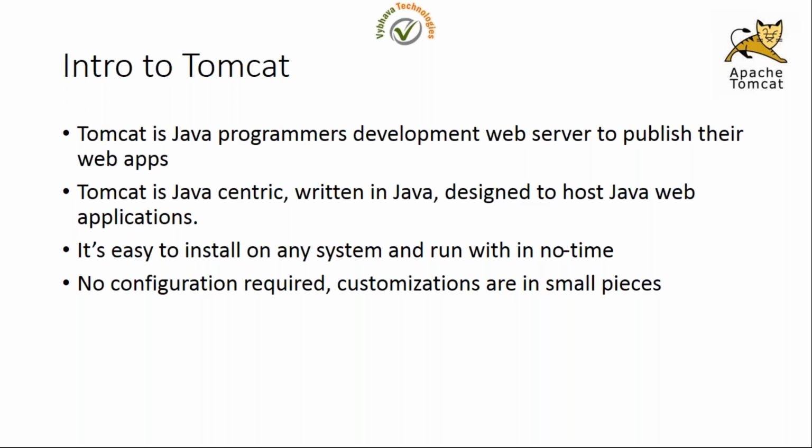Normally, if you take static content web applications, simple HTML programs are called web applications. But here we are going to use dynamic web applications. Dynamic web applications use Java specifications.